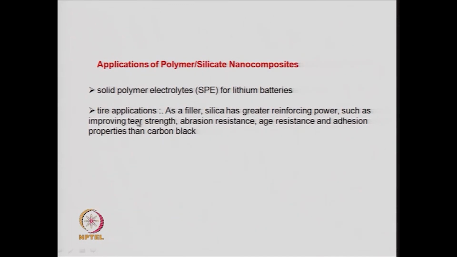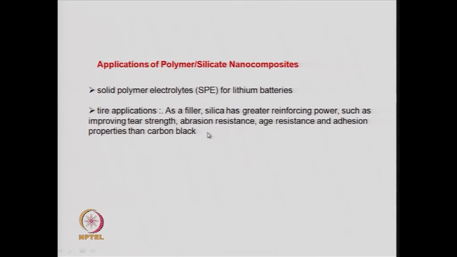Another application is in the automobile or transport industry, in tire manufacture, where you require fillers. Nanosilica or nanosilicates have great reinforcing power. They are added to substitute carbon black. Normally, carbon black is added as a filler, but these nanocomposites have much better properties.